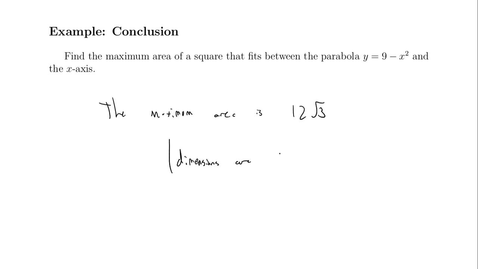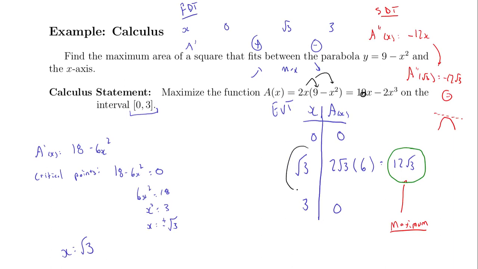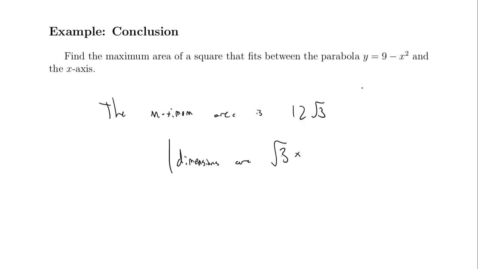The dimensions are root 3 for one of the side lengths, right? That was right here. And then we need the other dimension. We have it right here. y equals 9 minus root 3 squared. So that was 6. So that's the size of our rectangle. It's root 3 by 6, and it's got an area of 12 root 3. Cool.